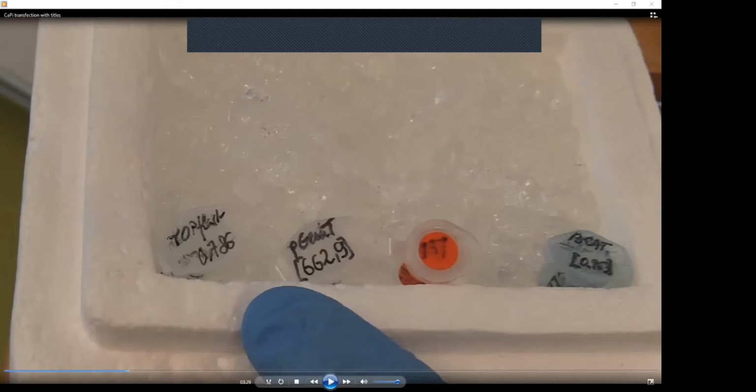So in order to prove that our system works, that the readout of Wnt signaling pathway using top flash assay worked well, we overexpress in one sample beta-catenin. That means that we will have a sample where is no DNA TIS7 and no beta-catenin. That means that we have to complement the amount of these two DNAs with this empty vector DNA. This is just for explanation of these samples which you see here.